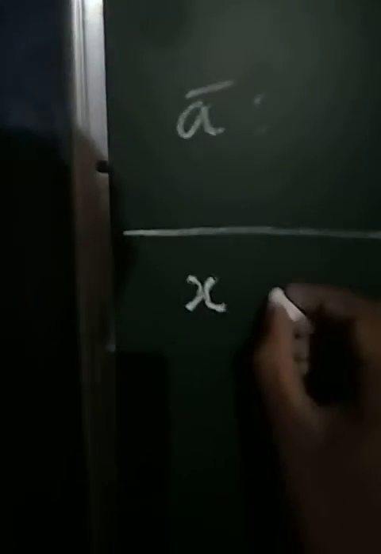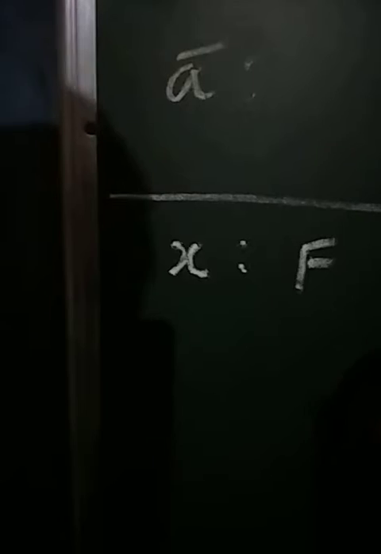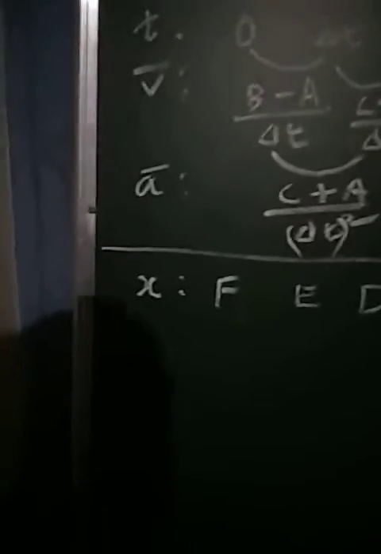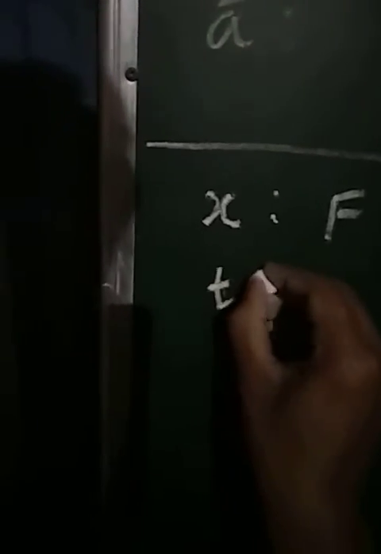We'll write it over here, but it will start with F and then E and then D and C and B and then A. This will complete our positions, and the time intervals remain the same.